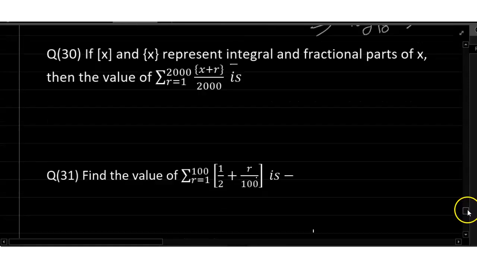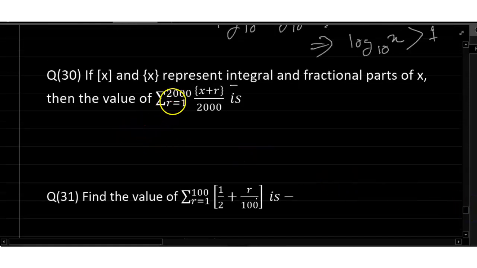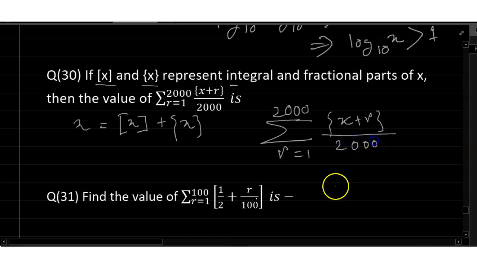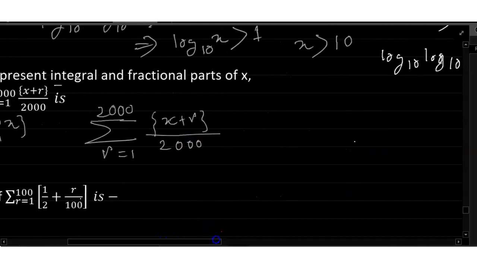Next problem is very common for all. This is the greatest integer, and this represents the fractional part. So x can be written as greatest integer x plus fractional part. So we can write this way: summation r equals 1 to 2000 of floor of x plus r divided by 2000. It can be written this way.